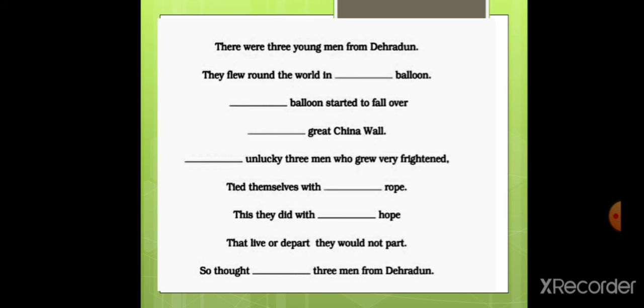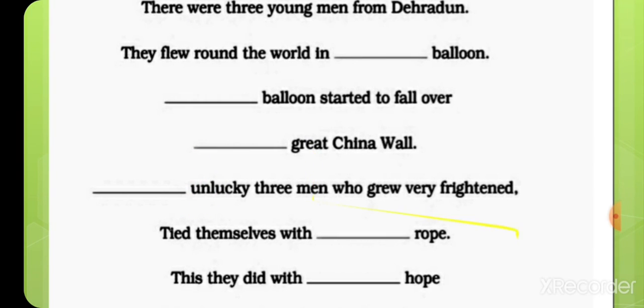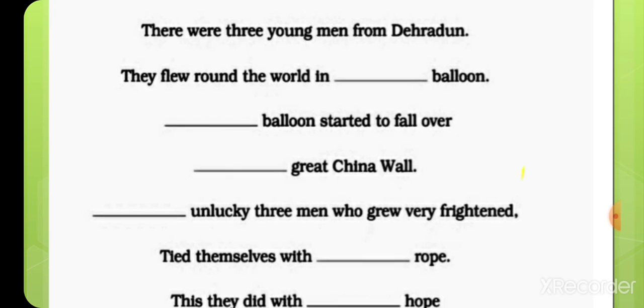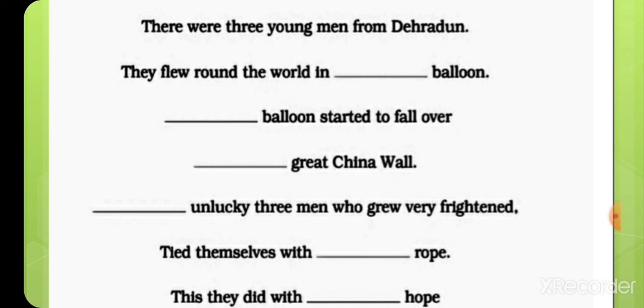There were three young men from Dehradun. They flew round the world in a balloon. The balloon started to fall over the Great Wall of China.